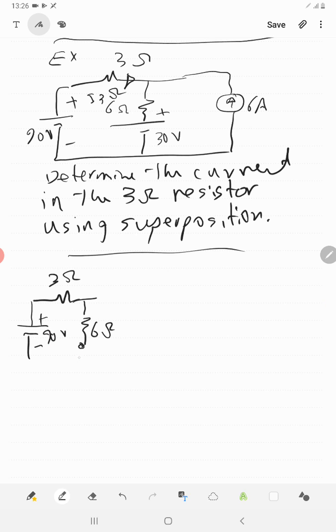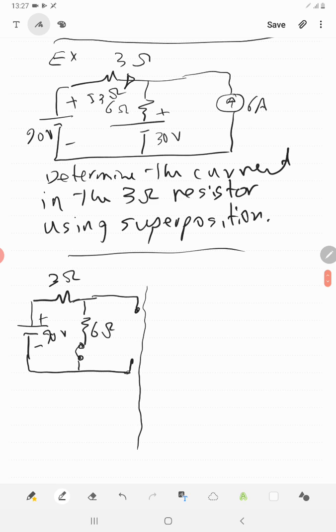And we have here a 30 volt source, so we remove that by making a short circuit. And we remove the current source by making it an open circuit. So this is one circuit.